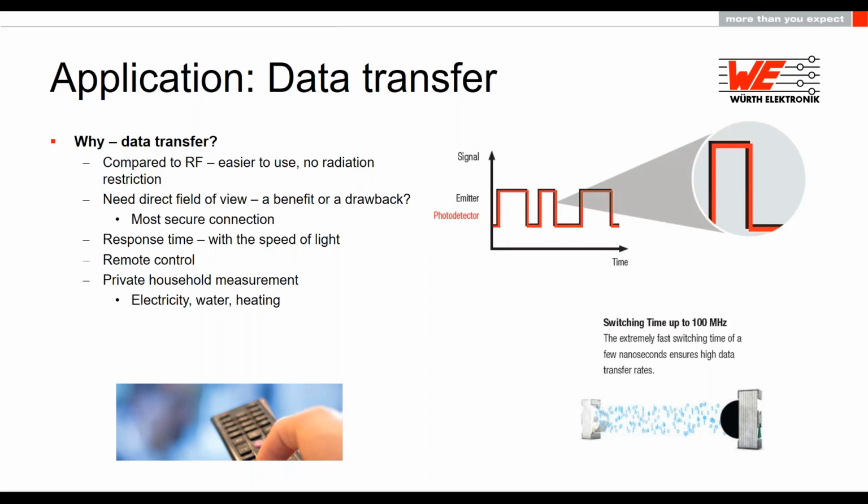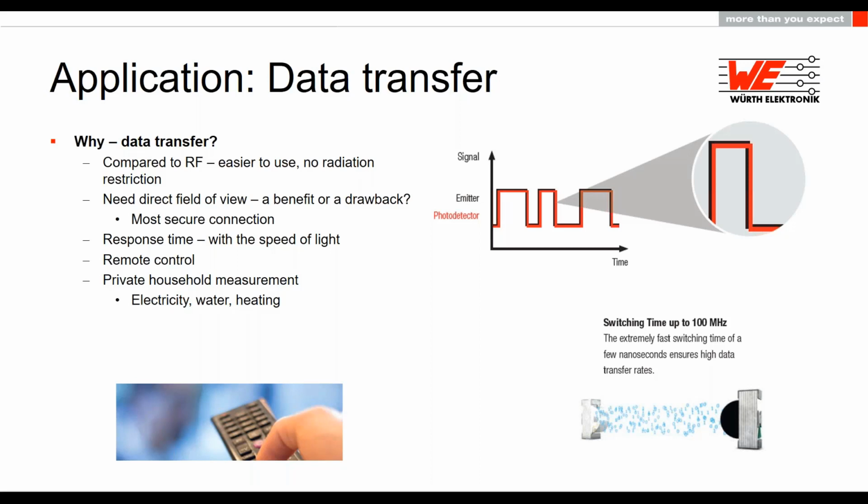applications. The benefit of this data transfer is that compared to radio frequency, our infrared signals are easier to use. There are no radiation restrictions at all at the moment, and the bandwidth, the spectrum that we have here, is a lot broader than the radio frequency.